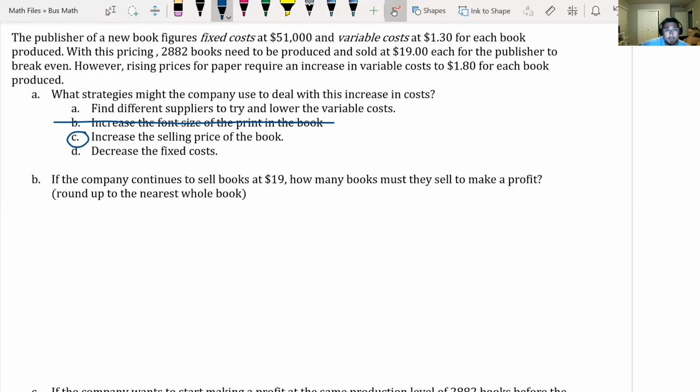All right. And then let's see, between A and D, find different suppliers to try and lower the variable cost, or D, decrease the fixed cost. I think it's better to decrease the fixed cost, right? Because the fixed cost is definitely more than your variable cost. Look at your fixed cost. It's $51,000. And your variable cost is $1.80. So with that being said, let's see if we can actually decrease the fixed costs.